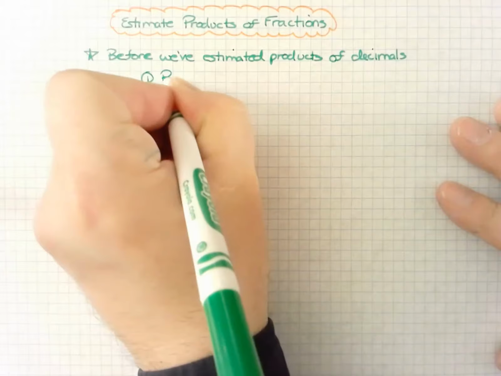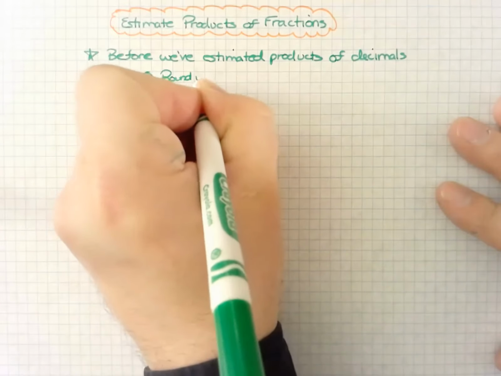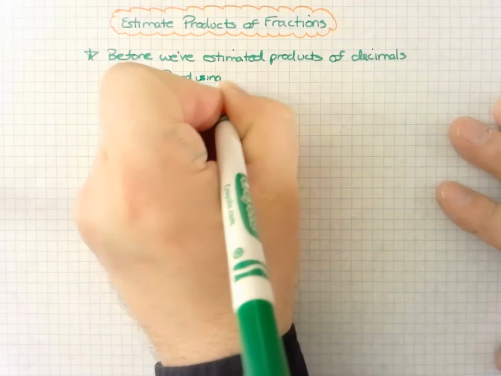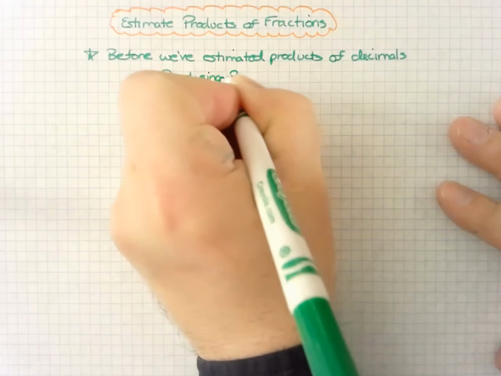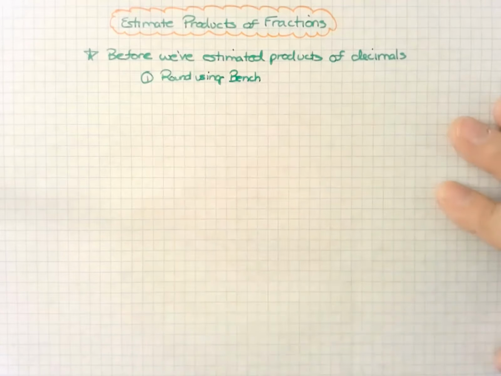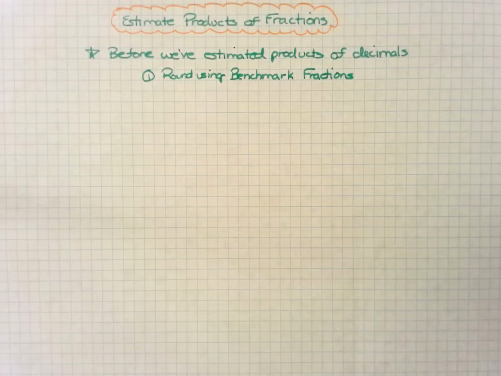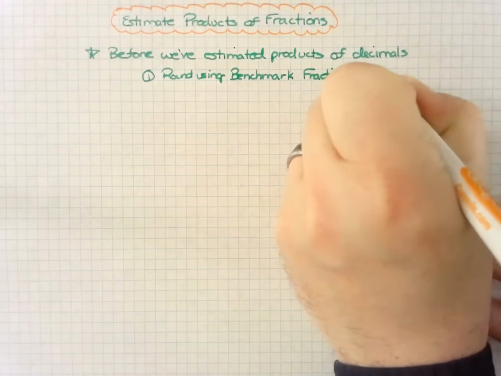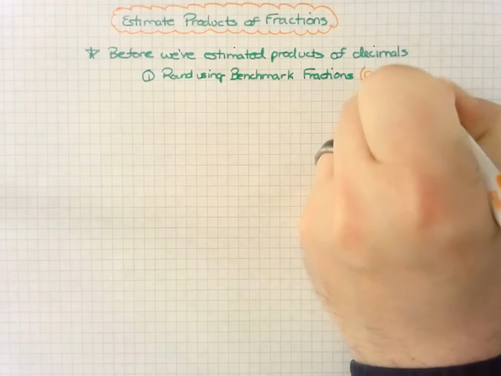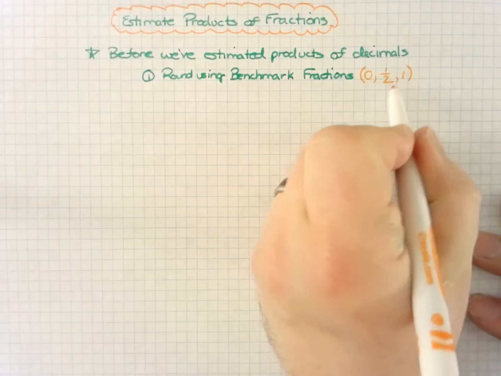We can round using benchmark fractions, some examples being 0, 1/2, and 1. So is the fraction closer to 0, 1/2, or 1?